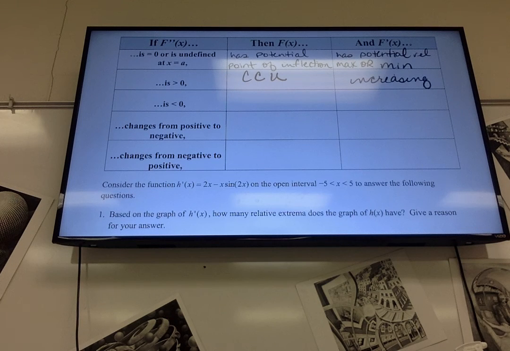Relative max and mins occur when it changes from increasing to decreasing or decreasing to increasing. All right. If the second derivative is less than 0, what do you say about f of x? Concave down. And so f prime of x is decreasing. Good.